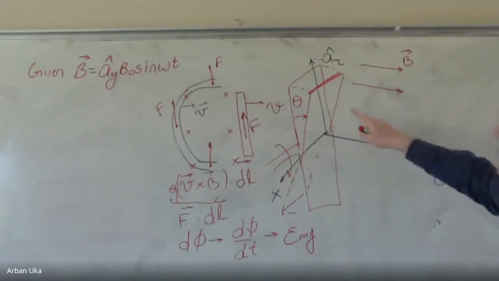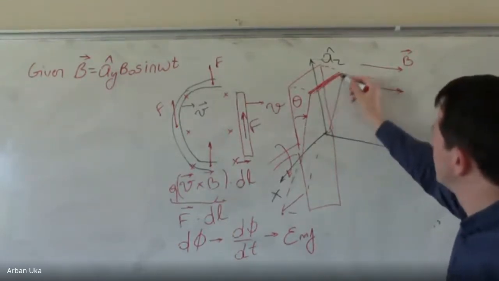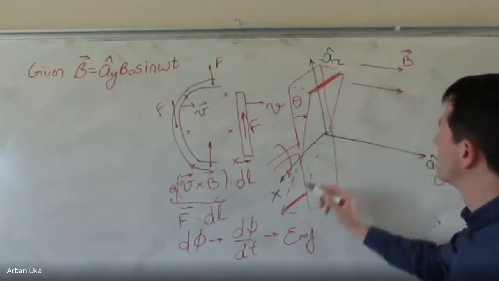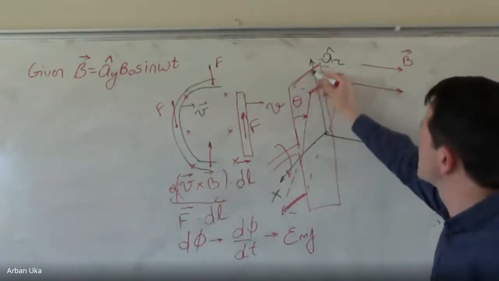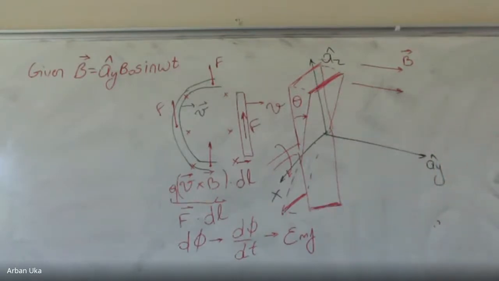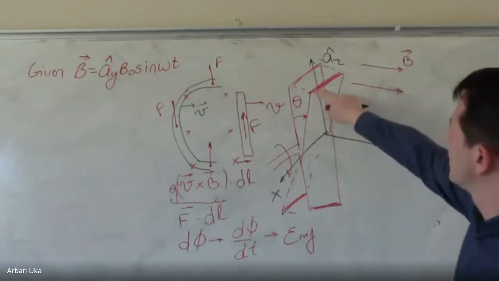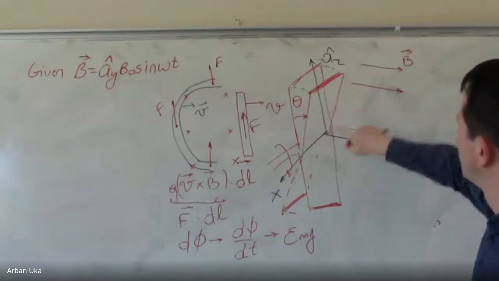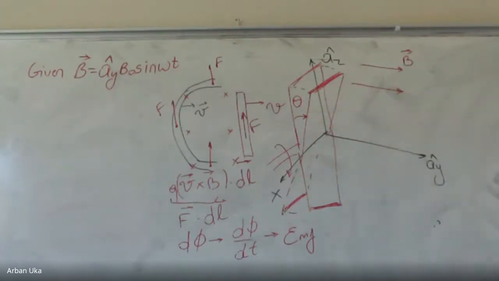And it's going to be this one and this one at the bottom, which is equivalent actually to this line and this line. So because of this effective cut of this wire cutting the magnetic field lines, we'll have a flux and so on.